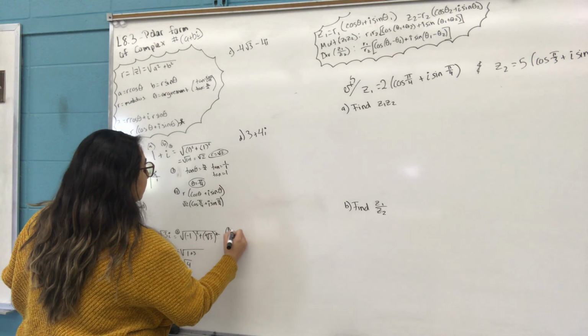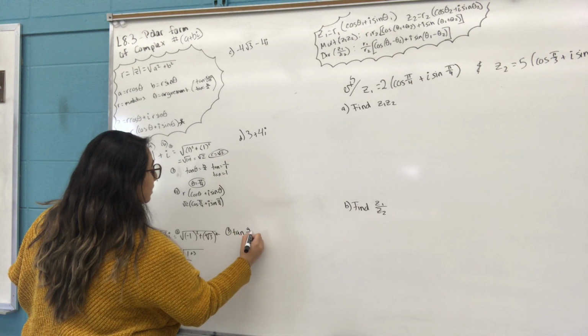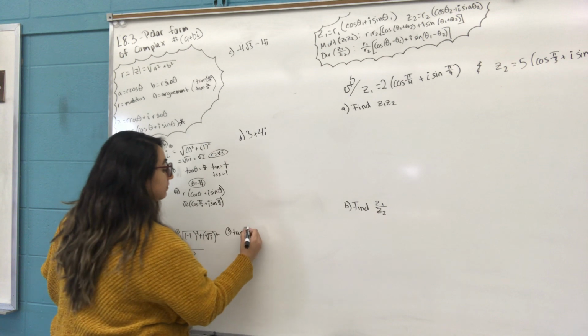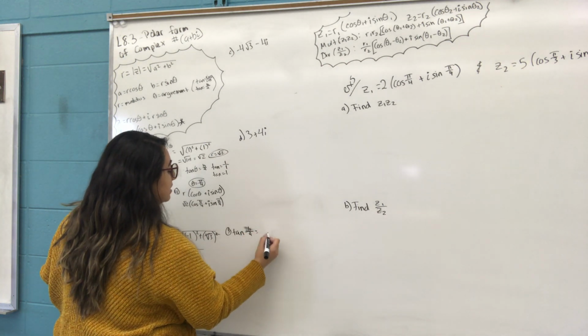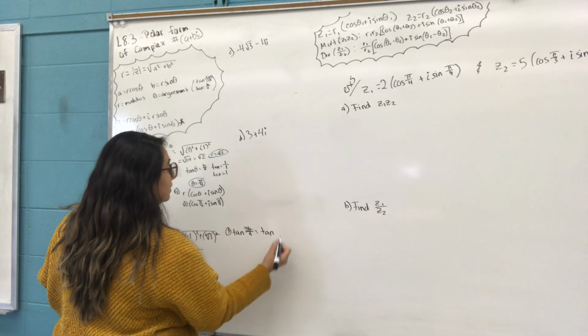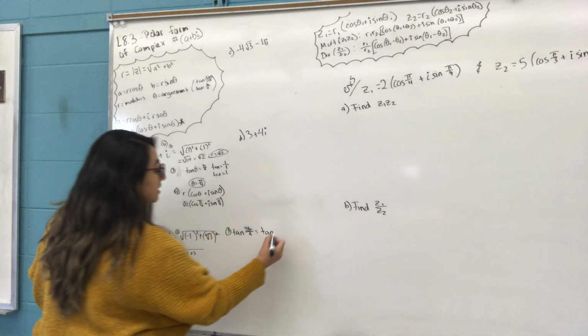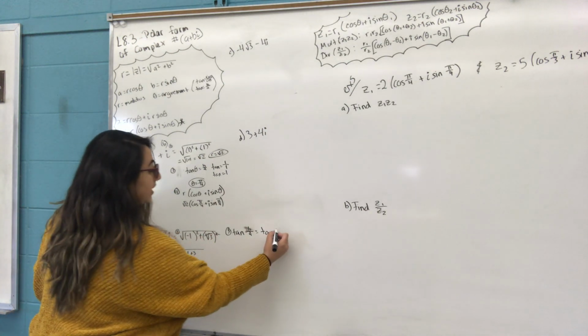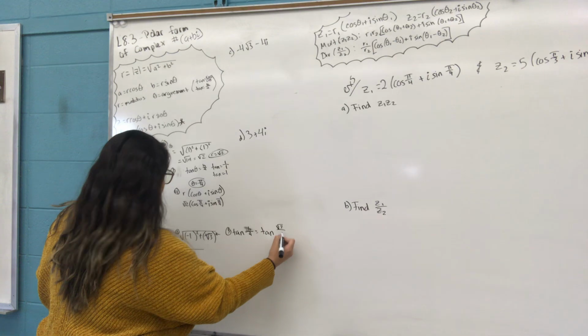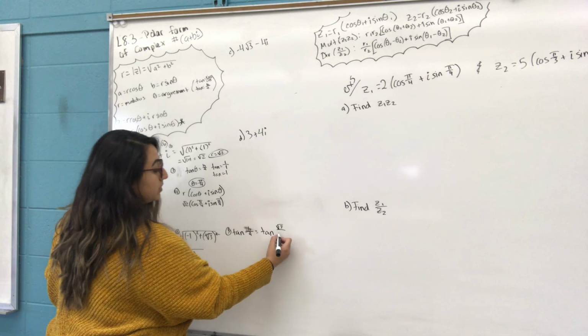Step 3 is we're going to find the tangent, that's b over a, the angle, or the argument. So tangent, b is radical 3, divided by a, which is negative 1.